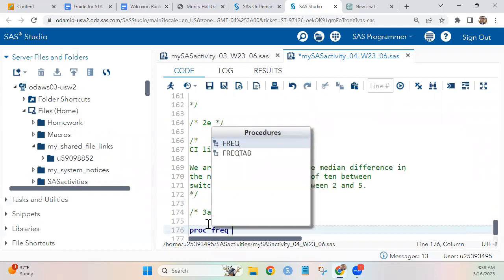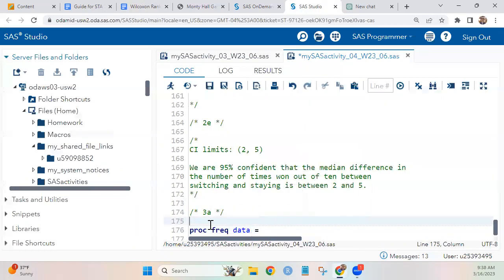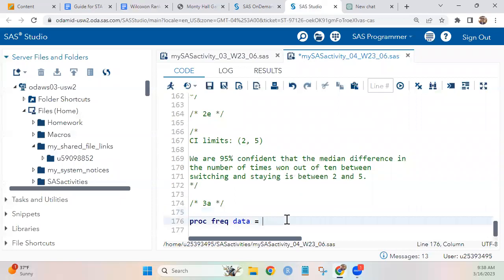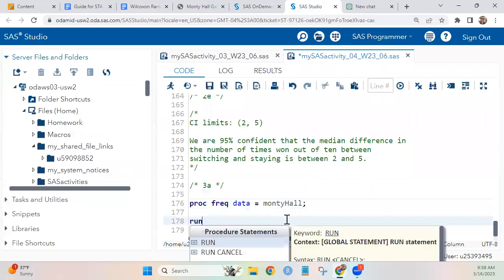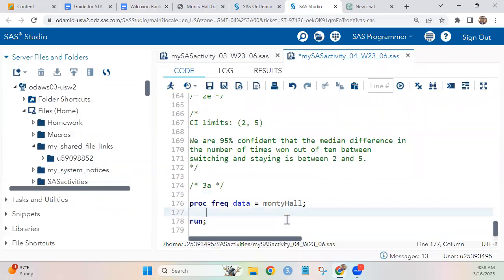Okay. So we say proc freq data equals Monty Hall. And then it's sort of analogous to saying var and then the variable you want, but for proc freq, we use the tables statement. And so we want, wait a second.